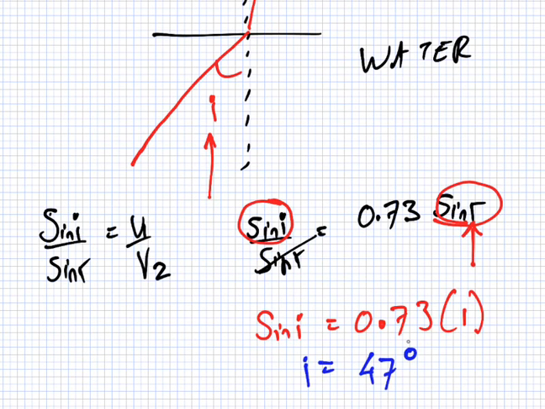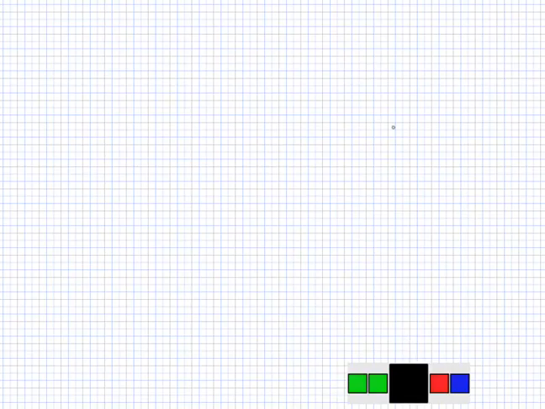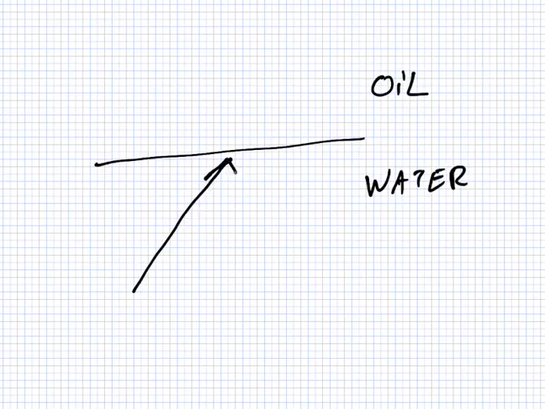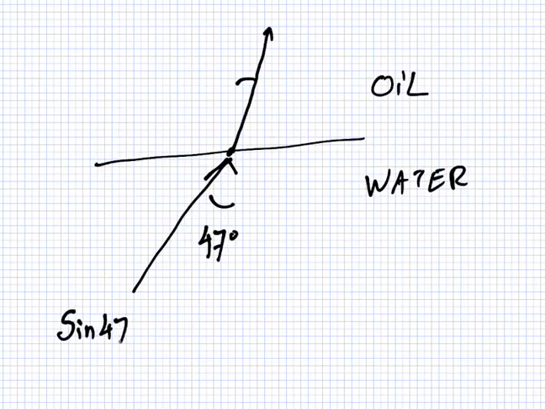So if I go on to the next part, you have here water and then oil. And what is the angle here? 47 degrees. And then it hits the oil instead of the air, and it changes its angle. So the formula now is sine I over sine R equals, now we have to use the n.